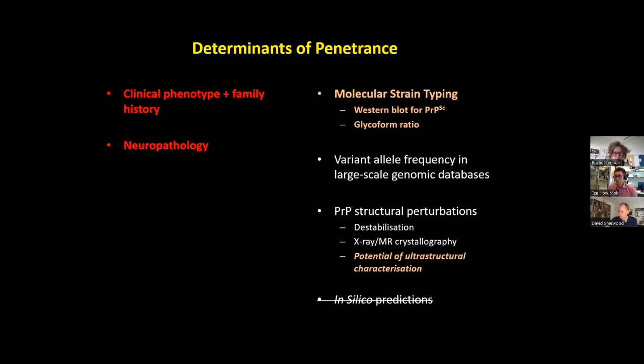Now, I've listed in silico predictions with a strike through because these are fairly useless in prion diseases, and I'll show you why later on.